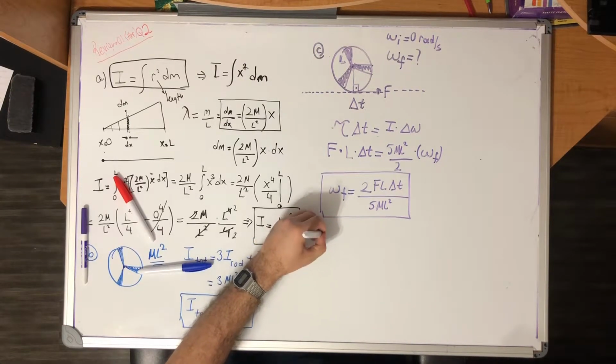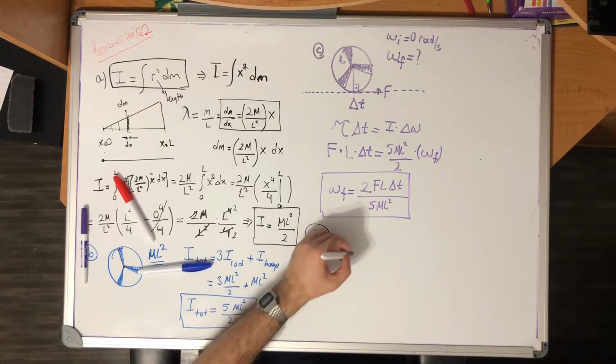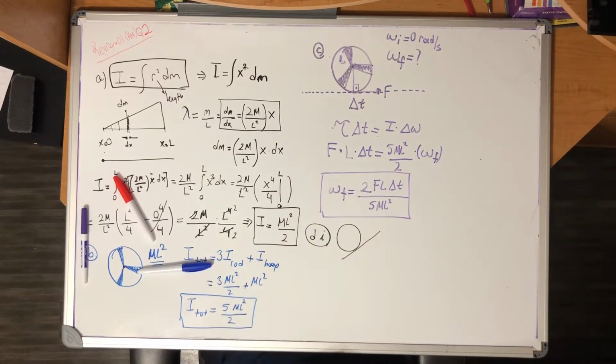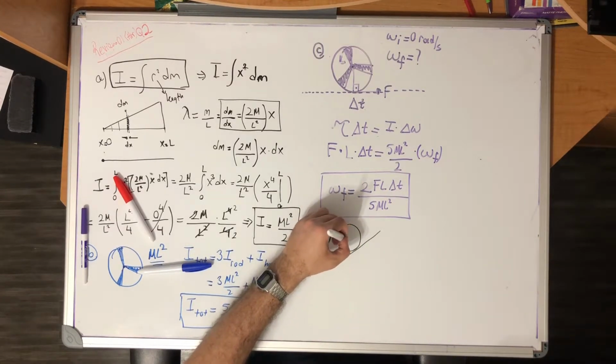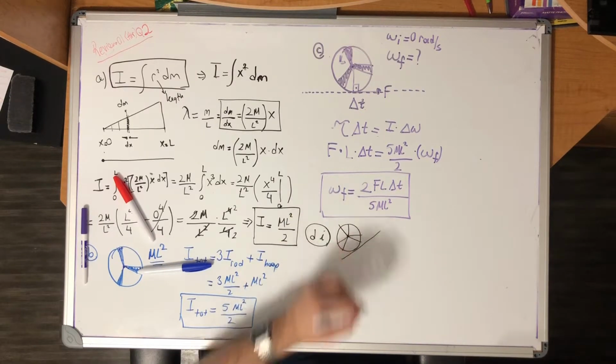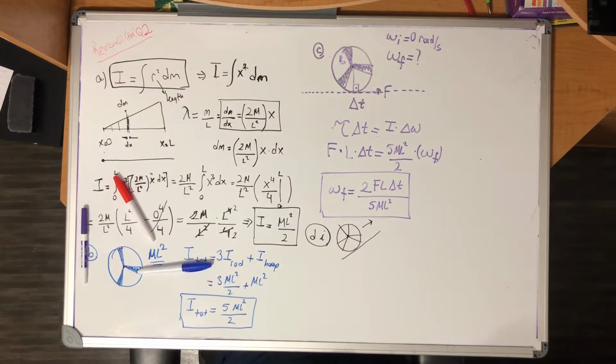Part D I, so it has two parts. So this time you're going to have the disk, and then it's going to go up on the ramp, and they're asking for a free body diagram of that disk again. So let's draw this like this. So if it's going up, let's see what the free body diagram is.